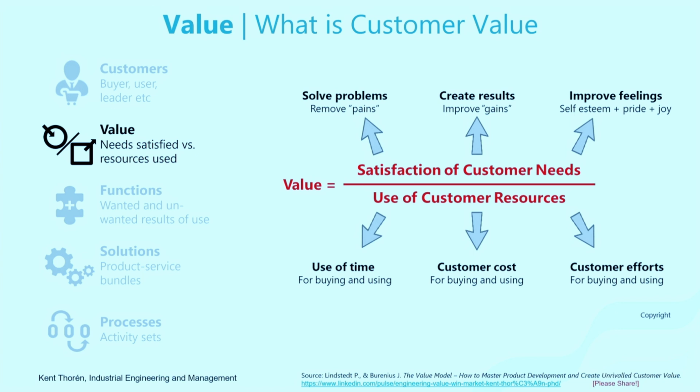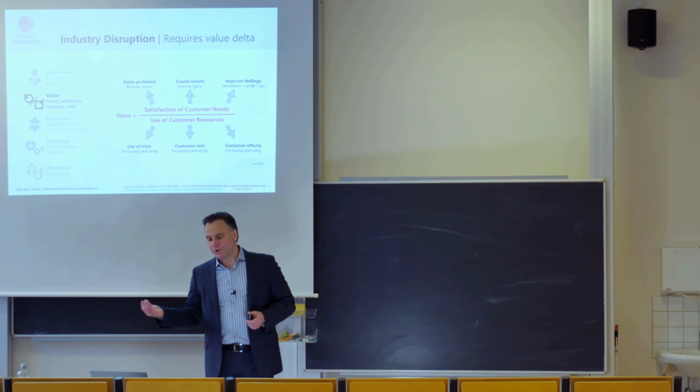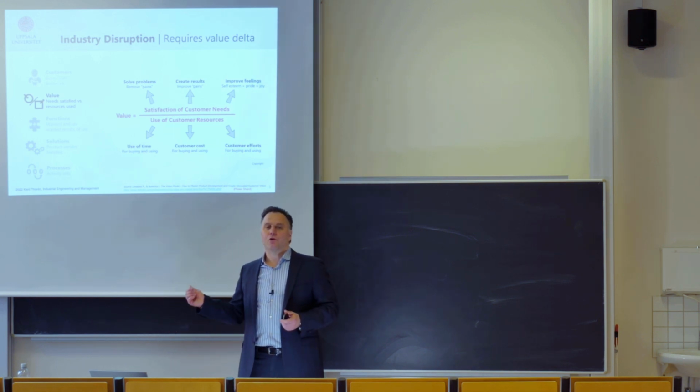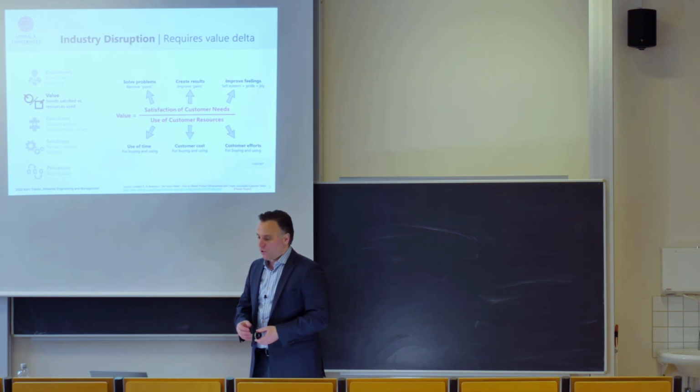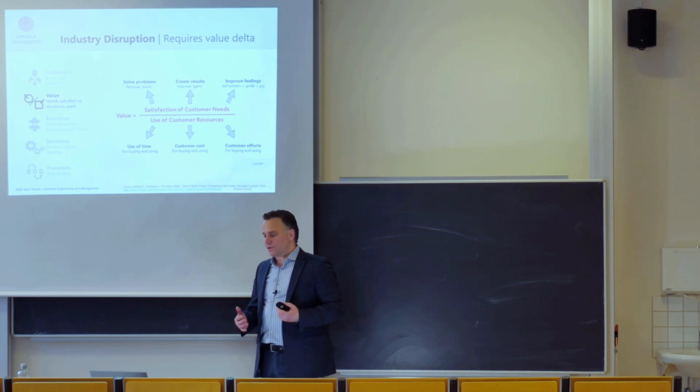And then we have 3 levels on the numerator. We can solve problems or remove pains. We can create gains by completing jobs that the customer needs to be done. Jobs to be done is a popular way of phrasing it. Other way is to say we create the results that they require or desire. Or we can work on the more psychological level with improved feeling and so on.